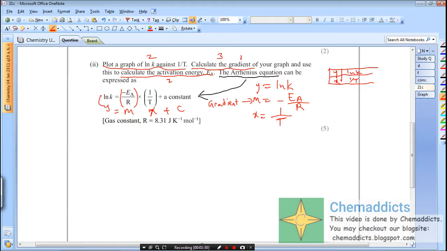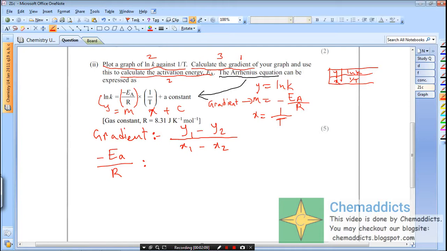Let us write the formula first. From mathematics, you all know that gradient is equal to y1 minus y2 divided by x1 minus x2. So this gradient should be minus Ea divided by R, since m is equal to minus Ea divided by R. Now let us find the gradient.